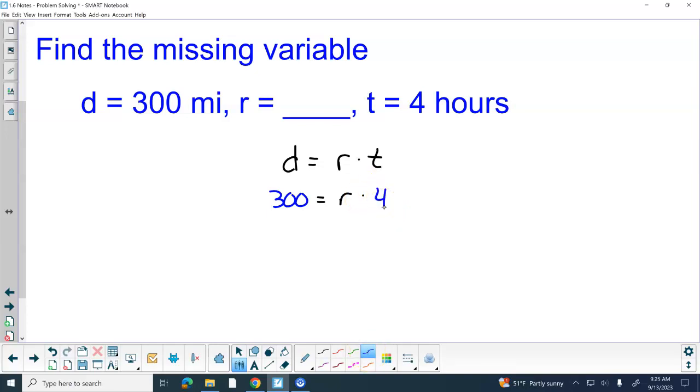So now we've got it written down. We've substituted in our values. Now we can simplify and solve our equation for our missing variable. Very easy to do in this one. Divide both sides by 4. What's that, 75?